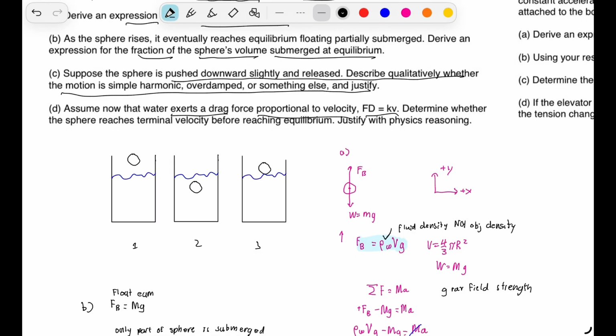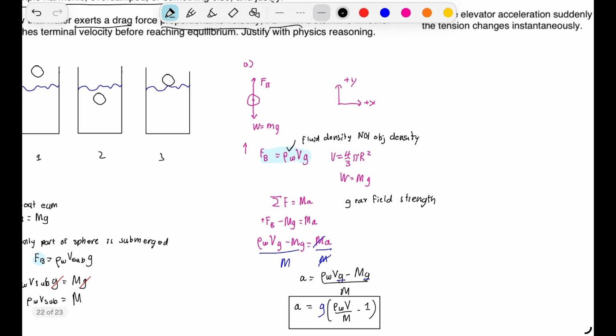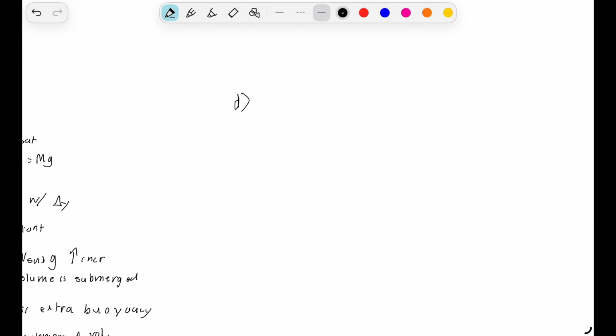Determine whether the sphere reaches terminal velocity before it reaches equilibrium, and justify with physics reasoning. So initially you have a force acting upward, which means you have acceleration upwards.